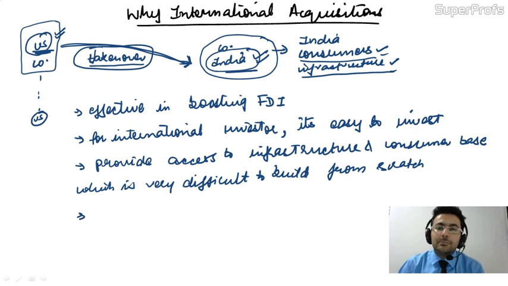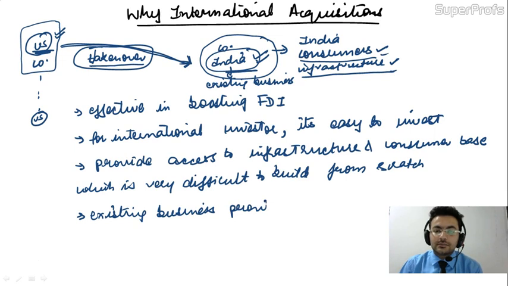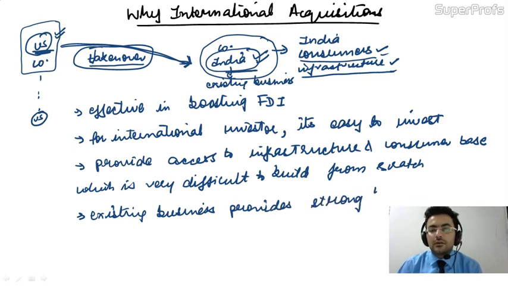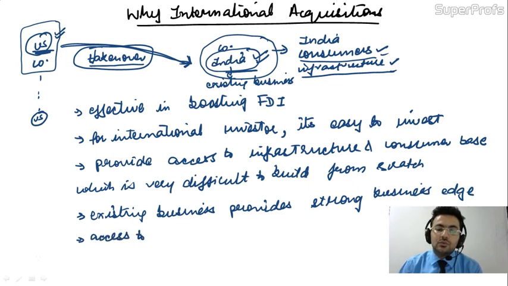And this company already has an existing business in India. It was already working there. So it is also believed that an existing business provides a strong business edge and access to the local market.